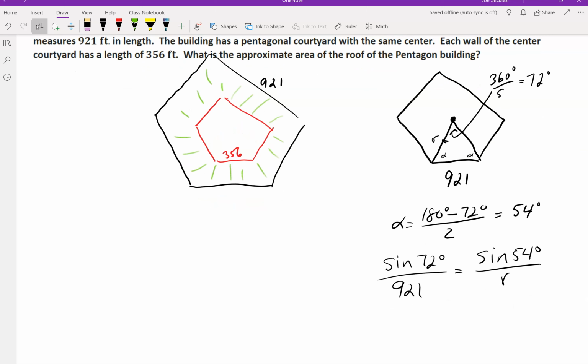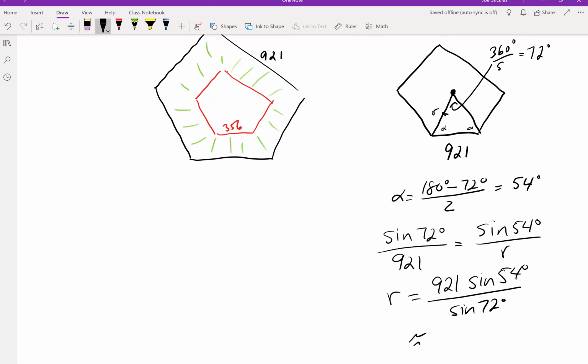Solving for R here, cross multiply, and then divide by that sine of 72. So we'll have 921 sine of 54 over sine of 72. And that gives us what? If I do 921 times sine of 54 divided by sine of 72, we get approximately 783.4494, and that's feet, because the 921 was given to us in feet.